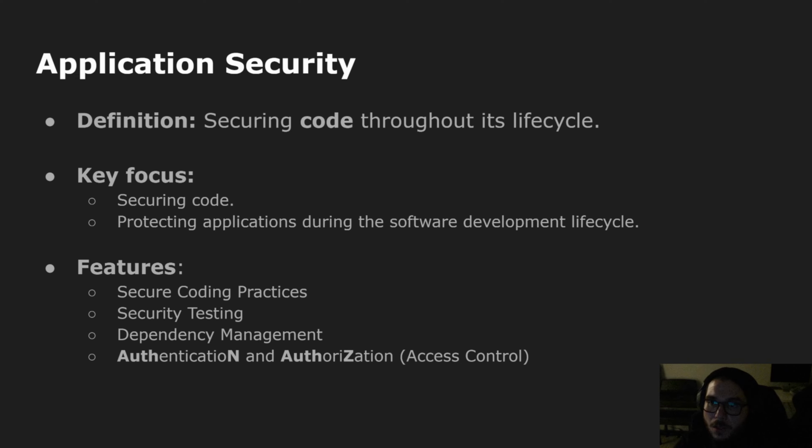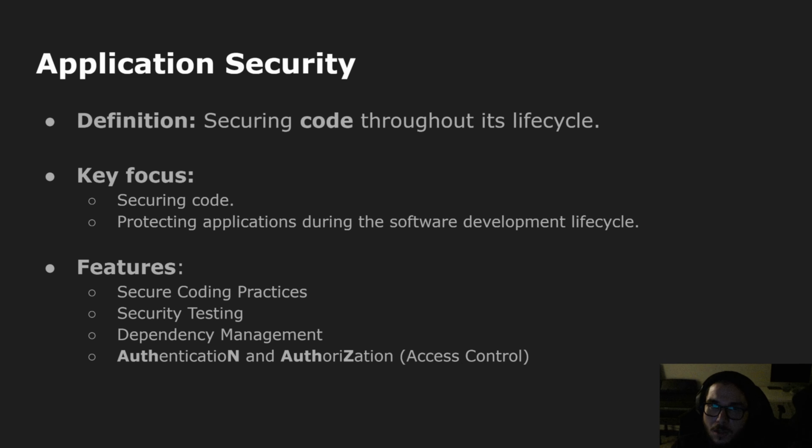So application security, I'm not sure if there's any one right definition for what it is. I might define it as the strategies, tools, processes, and procedures that are implemented or can be implemented to secure code. Remember, securing code throughout the software development lifecycle, or SDLC.